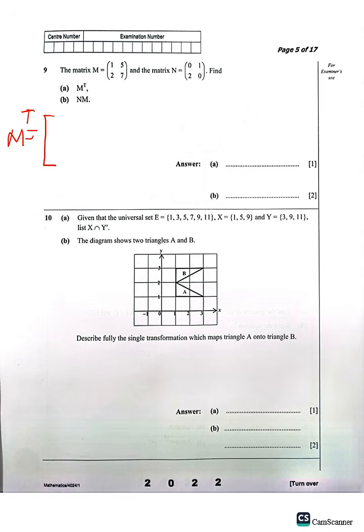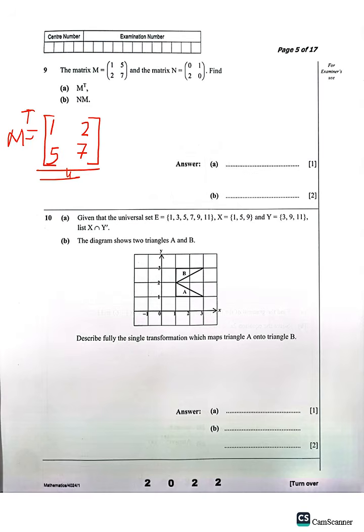For transpose, you just change the columns with the rows of the first matrix. So the first row of the matrix M is 1 and 5, so that will become the first column. So we have 1, 5 here. Then our second row, 2, 7, will become the second column, 2, 7 here. So this is our final answer.